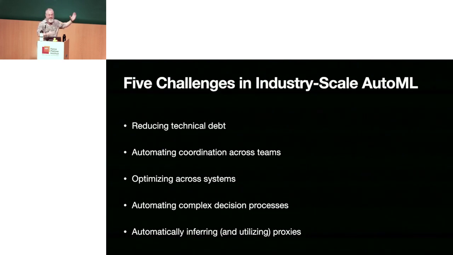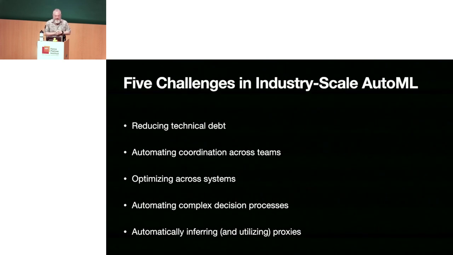Another advantage of the system that I showed is that we can optimize across different systems that might be owned by different product teams or infrastructure teams. So for example, if we want to combine architecture search with hyperparameter tuning or hyperparameter tuning with feature engineering, we're able to do that because we're able to plug into many different systems.